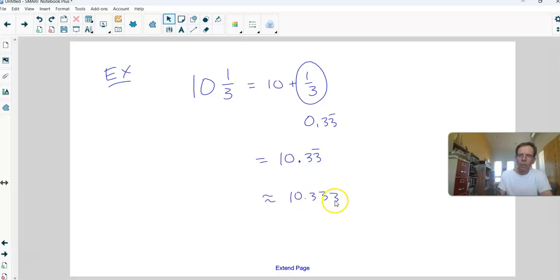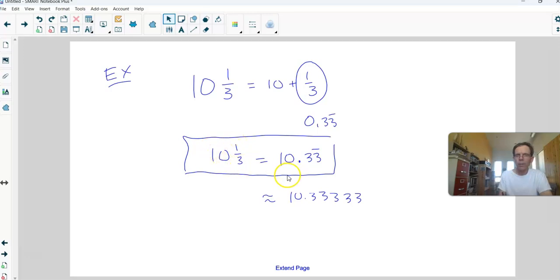The more threes we put on there, the more accurate the number gets, but it's still approximate. We'd have to add an infinite number of threes to make it exact. This is an exact number. When we put the bar there, we're saying we're going to infinity. So 10 1/3 is 10.33 bar.